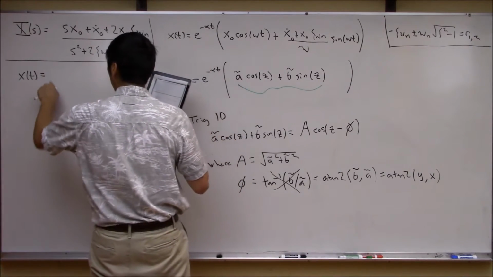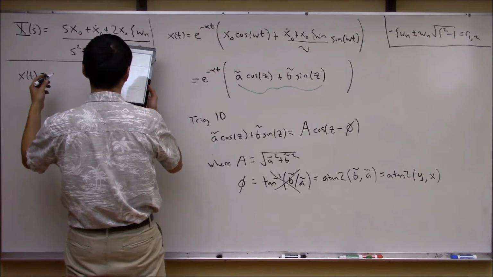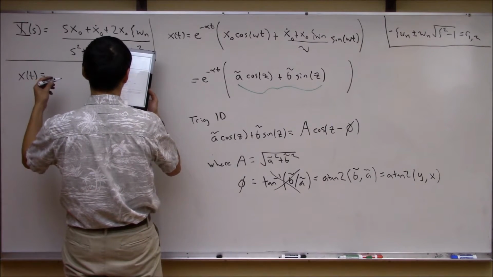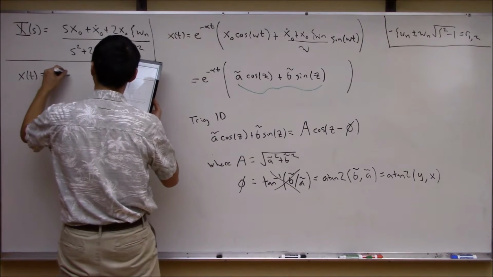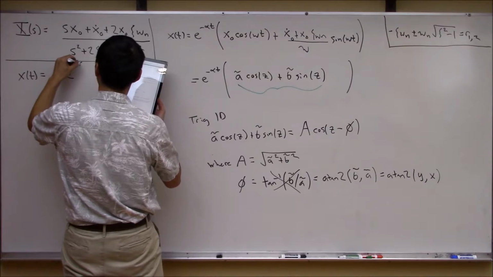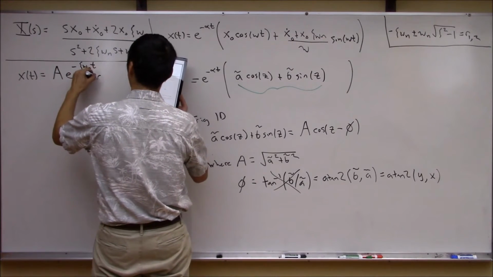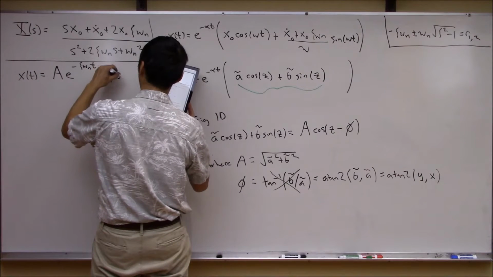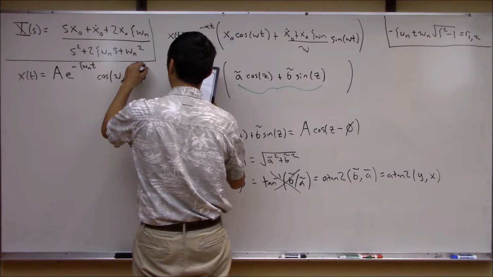The solution for this standard second order underdamped situation is nothing more than A e to the minus zeta omega n t times cosine of omega d t minus phi.